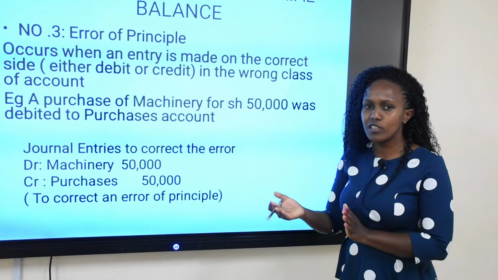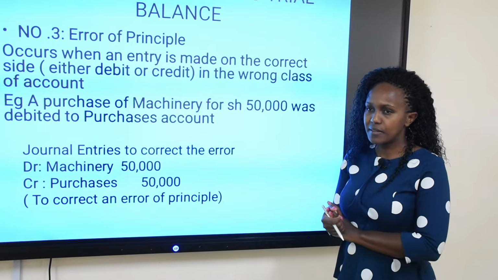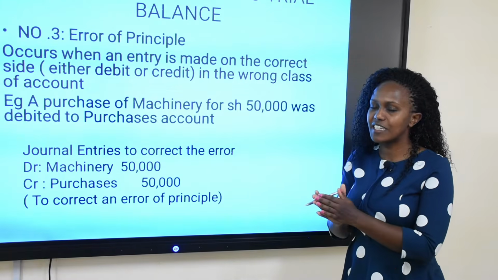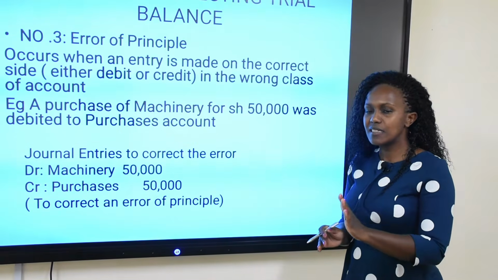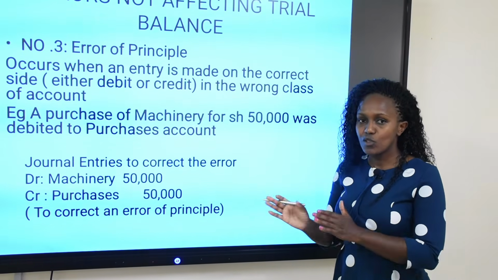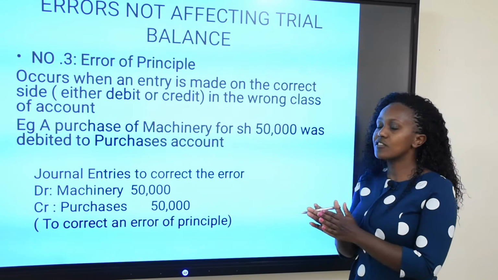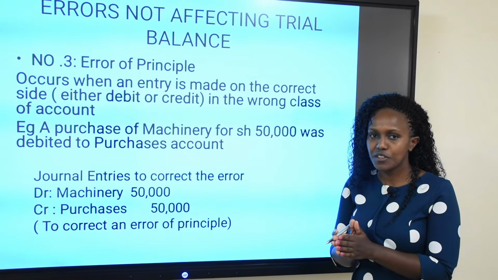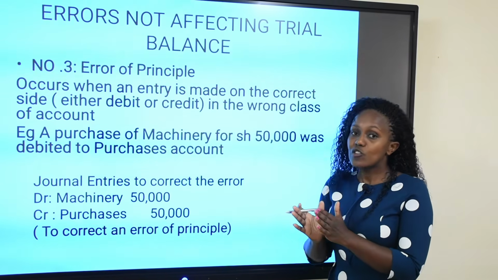You are not sure which is which. So an error of principle occurs whereby an entry is made in the correct side. Again, if it was supposed to be debited, it is debited. If it was supposed to be credited, it is credited. So it is recorded on the correct side, but in the wrong class of account. So this time, the class of account is wrong.